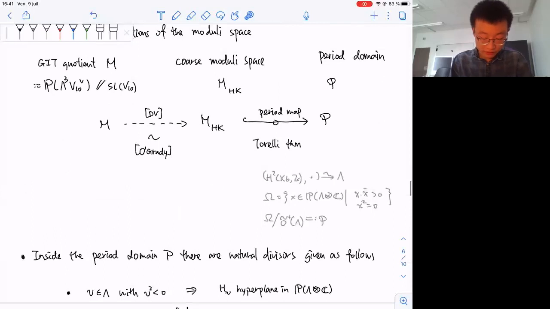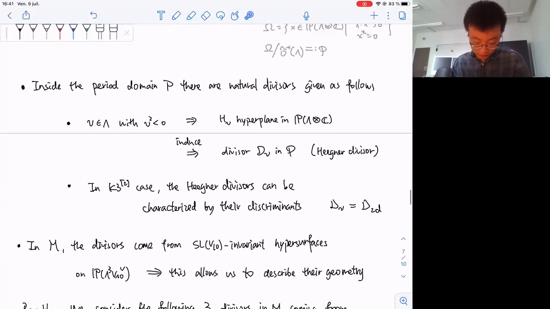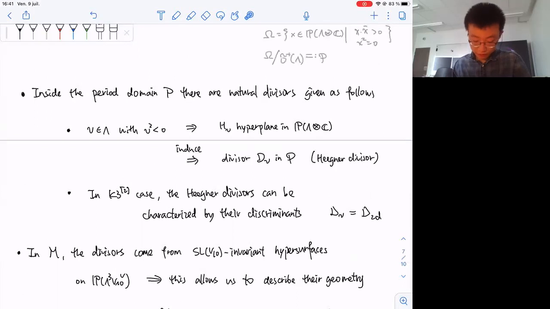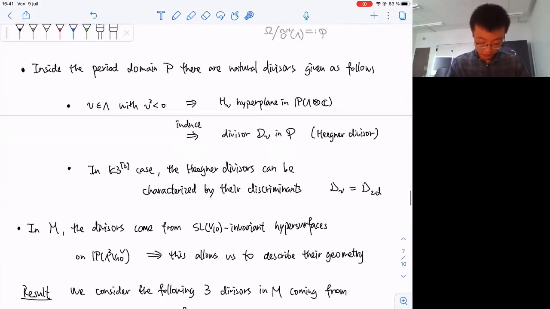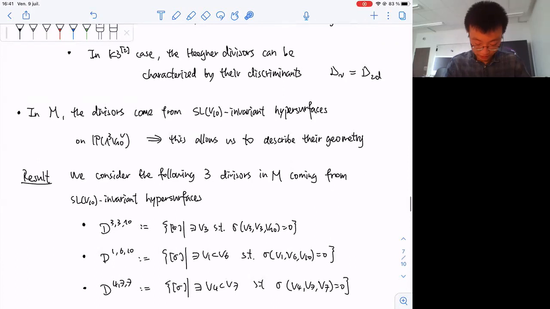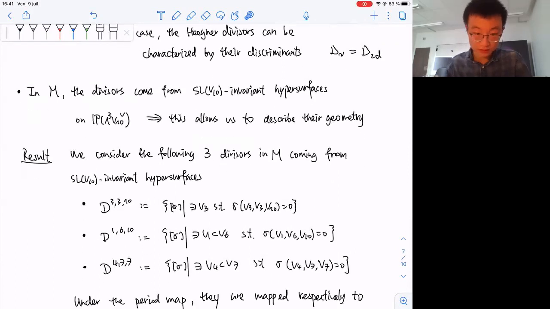On the other hand, in the GIT quotient M on the left-hand side, the divisors come from SL(V10)-invariant hypersurfaces on the projective space here. This kind of information allows us to describe the geometry. So this is our result: we consider 3 divisors in the GIT quotient coming from SL(V10)-invariant hypersurfaces.